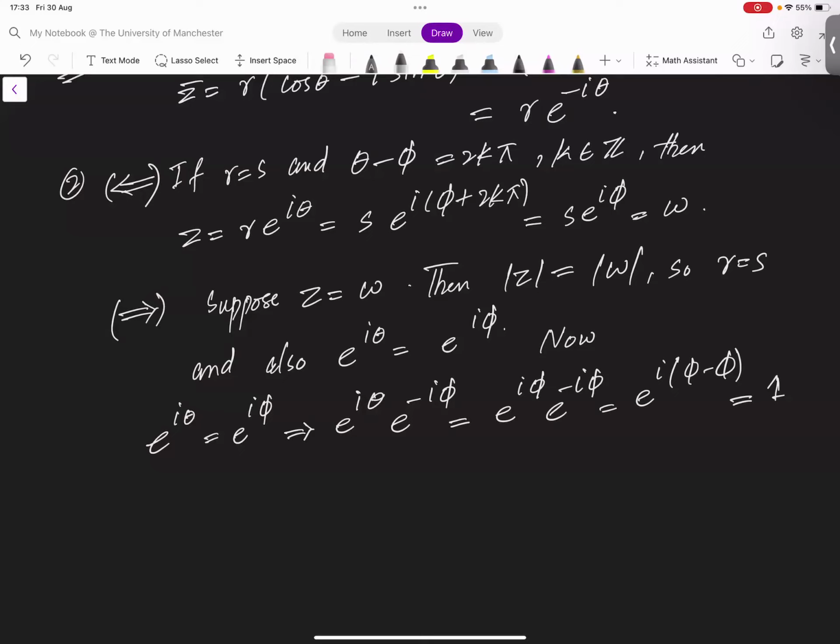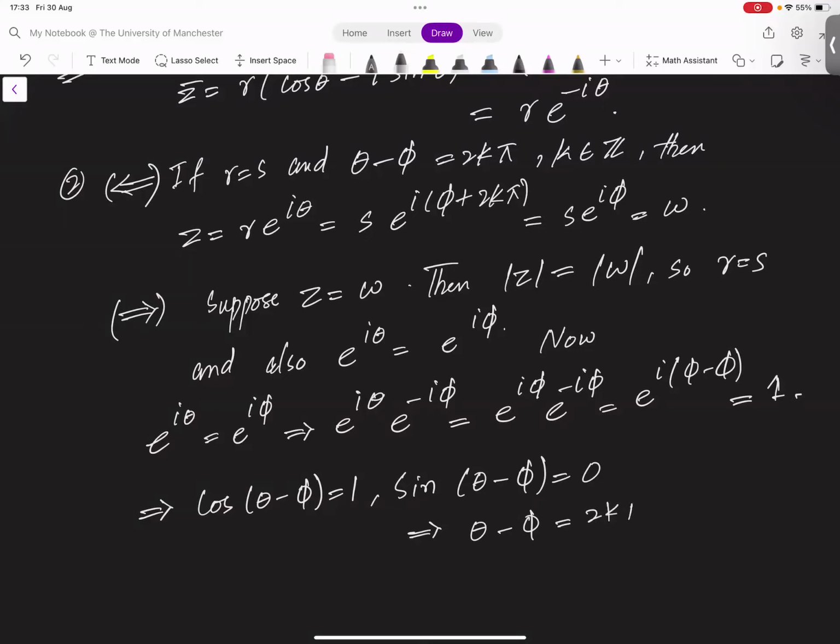Then cos(θ-φ) is 1 and sin(θ-φ) is 0. Then θ minus φ is 2kπ with k in Z.